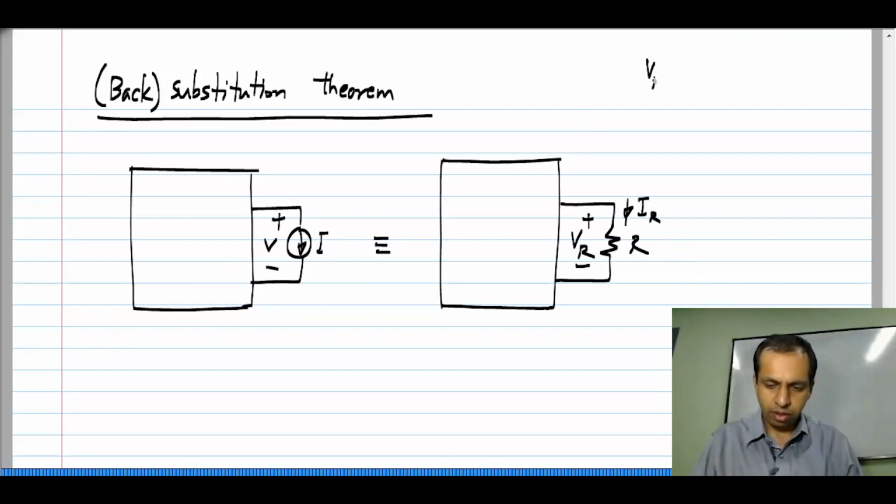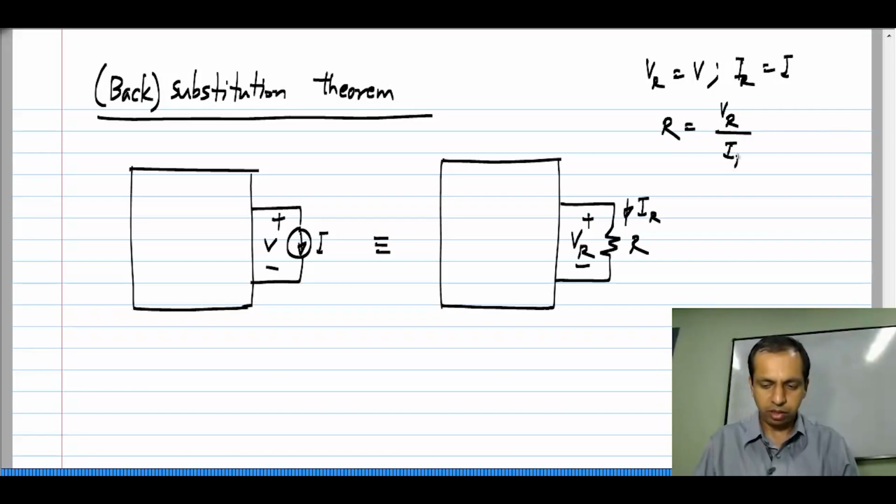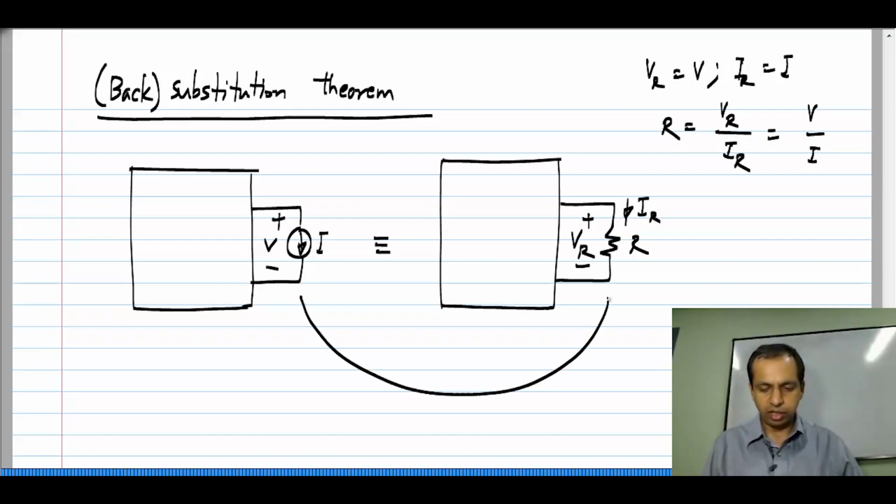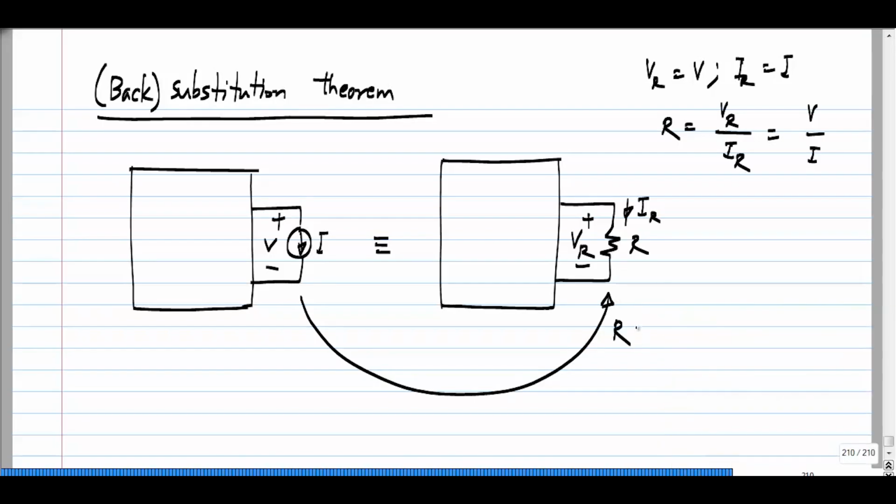So, VR must be V and IR must be I. We also know that the resistance R is VR divided by IR, which has to be equal to V by I. So, if I have a current source with a voltage V across it, I can replace that with a resistor where the resistance value equals V divided by I. So, this is how you can find the value of the resistance.